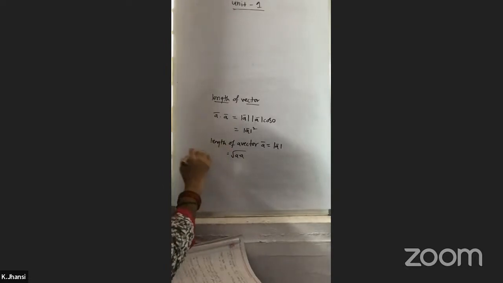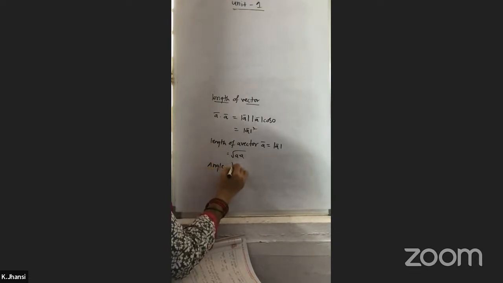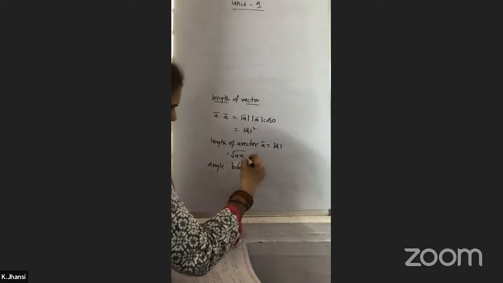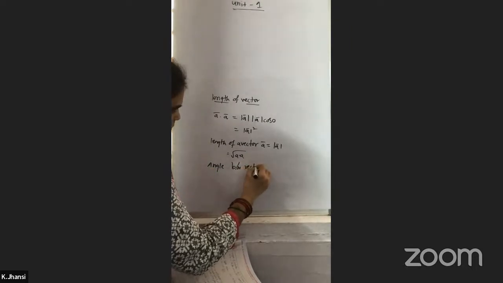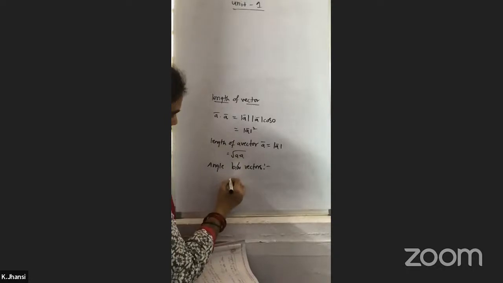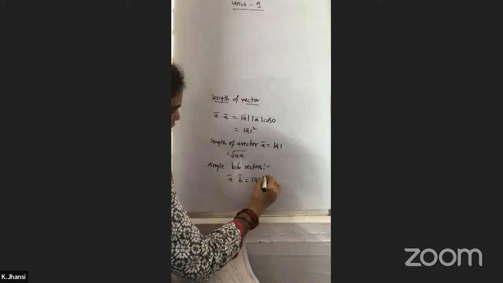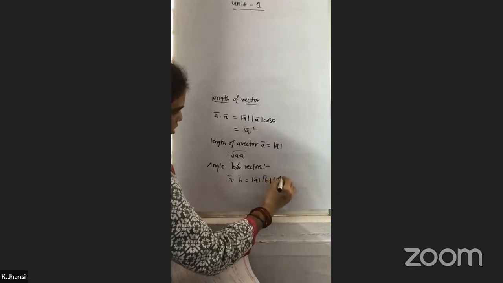After that, the angle between the vectors. Just now we have seen the formula, that is the angle between vectors A and B. For vector A and vector B, we have the formula: vector A dot vector B is equal to mod A, mod B cos theta.